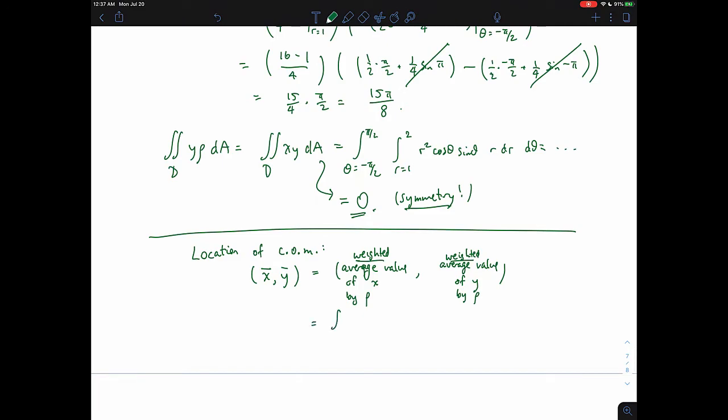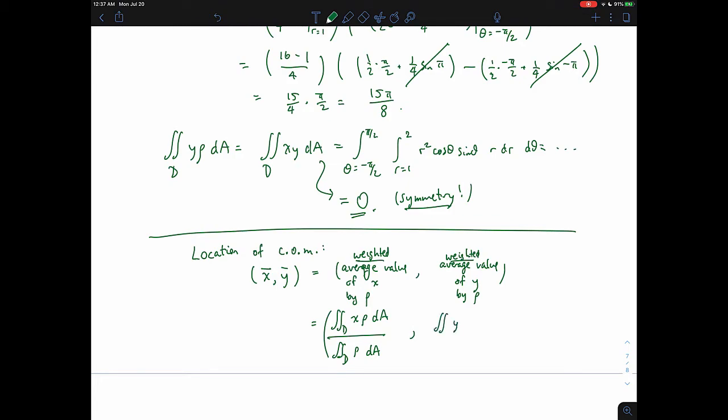So we get the total integral of x divided by the area or whatever, but with a rho in there for the density.